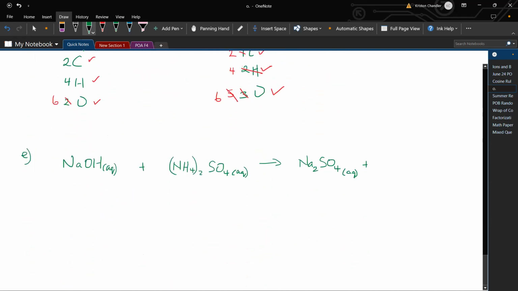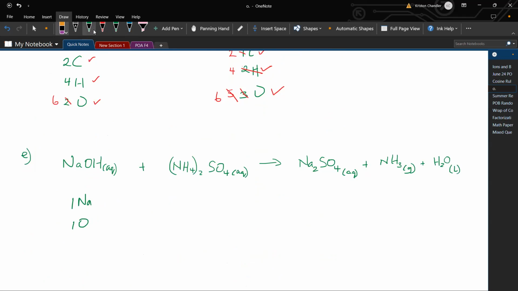Sodium hydroxide and ammonium sulfate, giving ammonia gas and water. If we list this off, we have 1 sodium, 1 oxygen. Check this as 1 OH unit. Then we have 2 NH4s, 1 SO4.